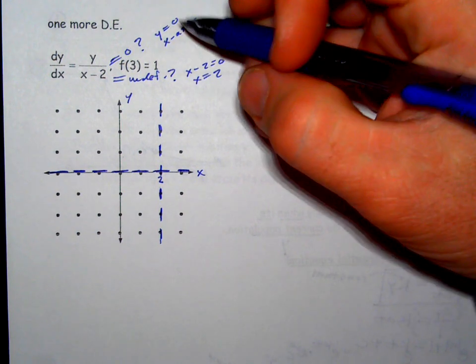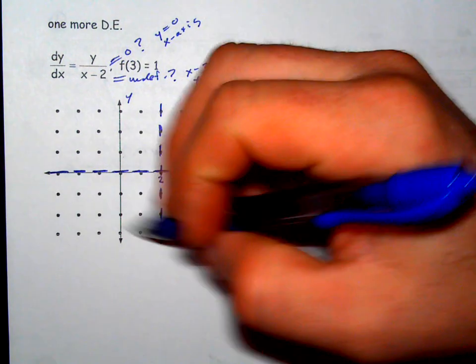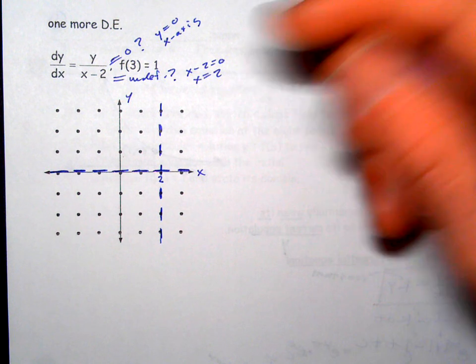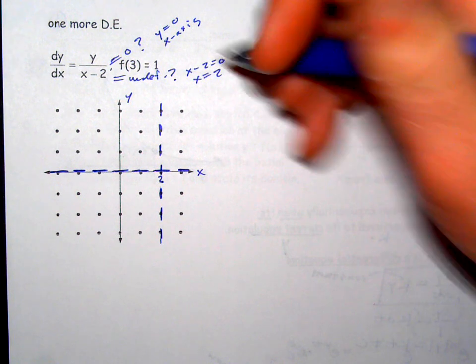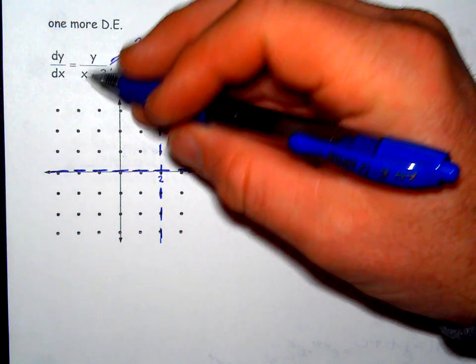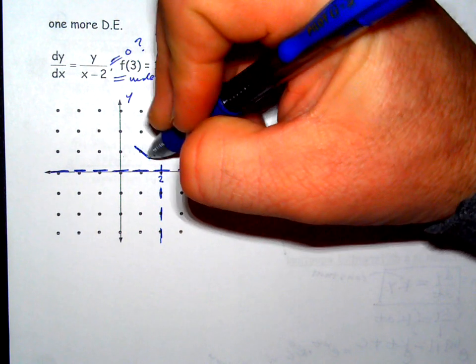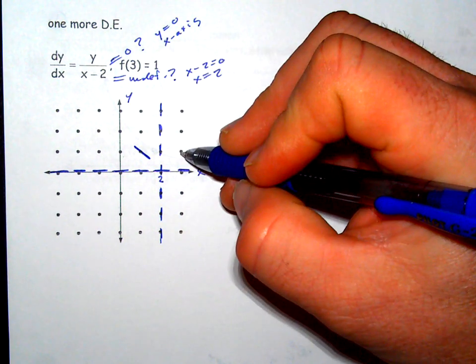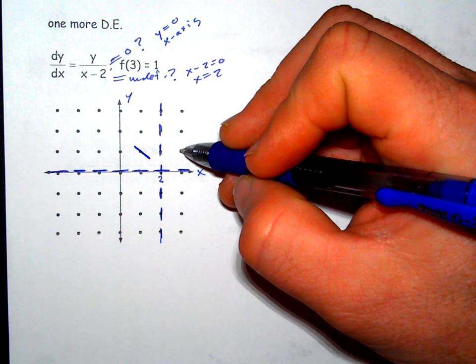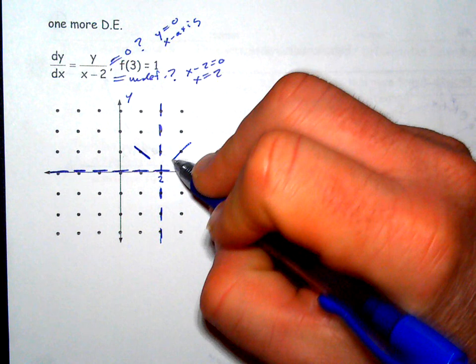So let's see if we can find some other patterns. There's probably some symmetry here, and if you confirm that, then that could speed things up. 1, 1 would be 1 over -1, which is -1. 3, 1 would be 1 over +1, which is +1. So we're starting to see that.